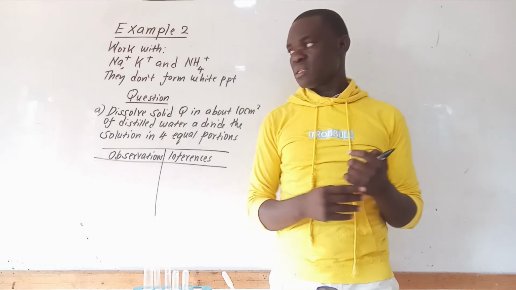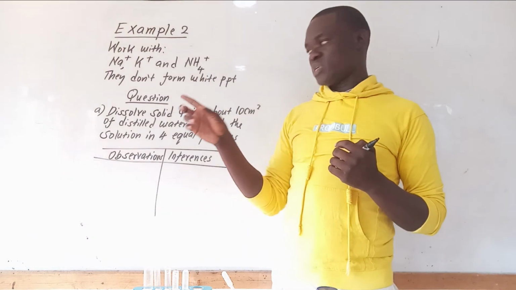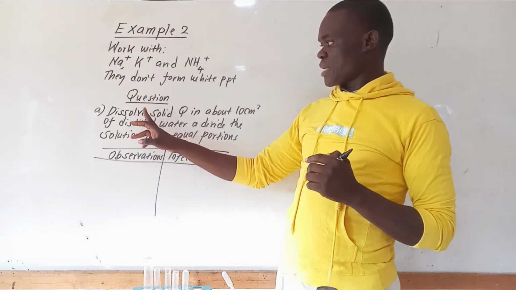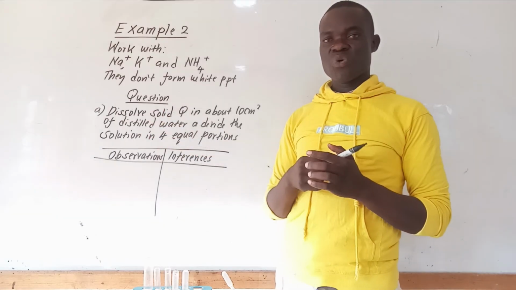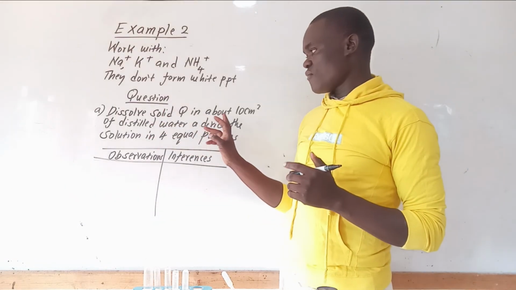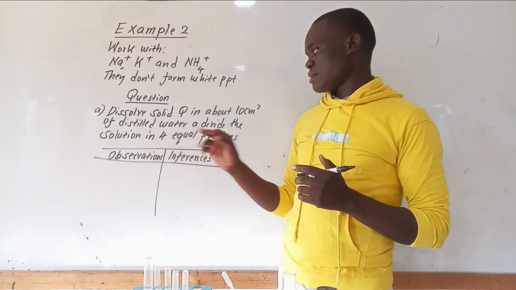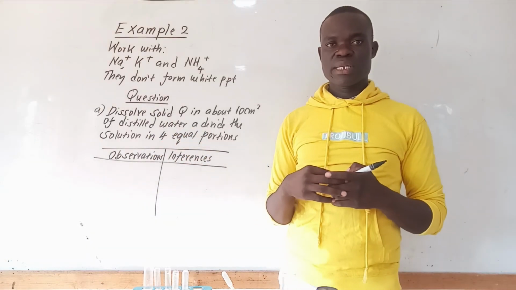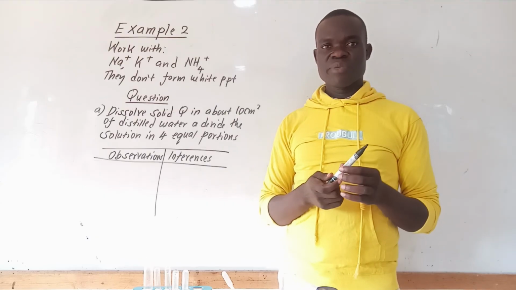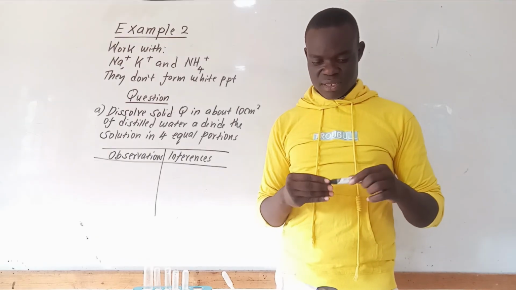For example, let's take a look at this question. We are asked here, dissolve solid Q in about 10 cubic centimeters of distilled water and divide the solution into 4 portions. So I'm going to do it practically. I have solid Q here.